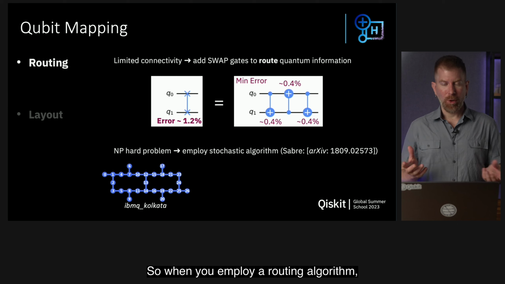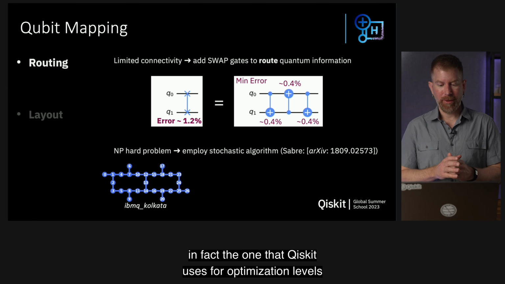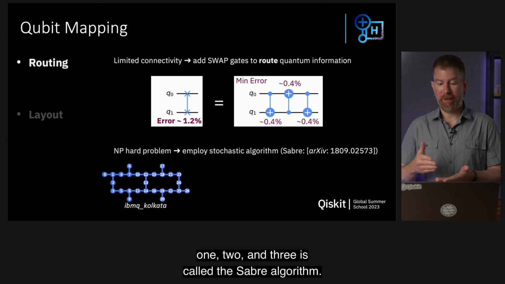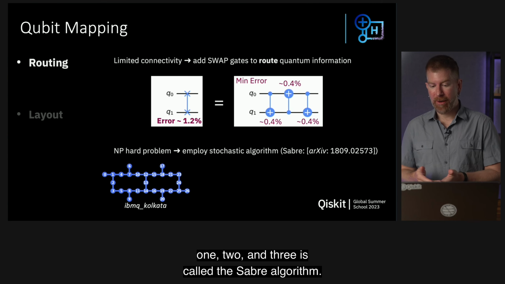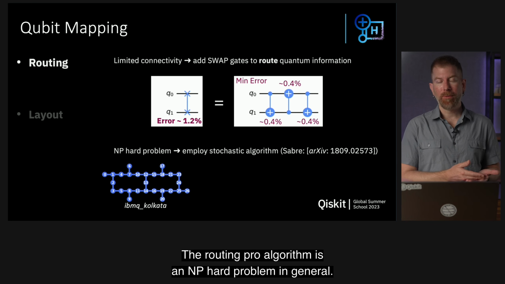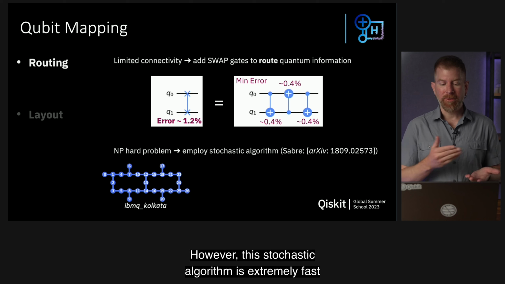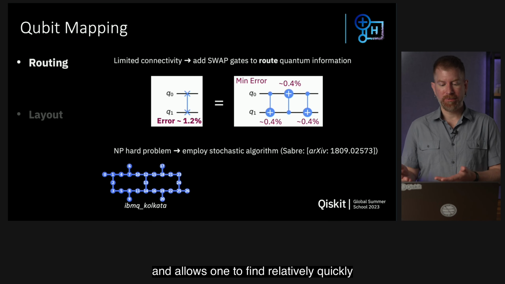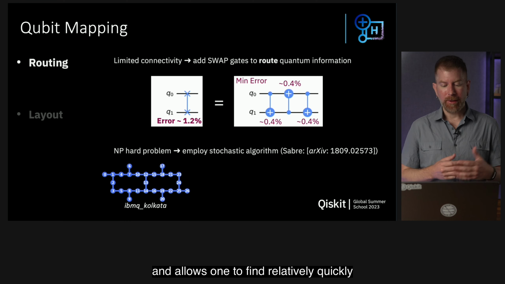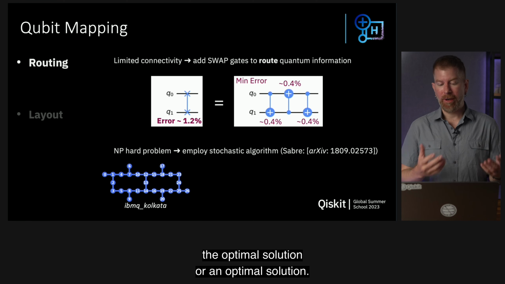So when you employ a routing algorithm, in fact the one that Qiskit uses for optimization levels 1, 2, and 3 is called the Sabre algorithm. The routing algorithm is an NP-hard problem in general. However, this stochastic algorithm is extremely fast and allows one to find relatively quickly the optimal solution or an optimal solution.